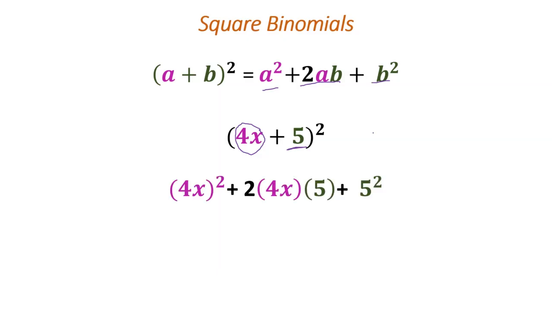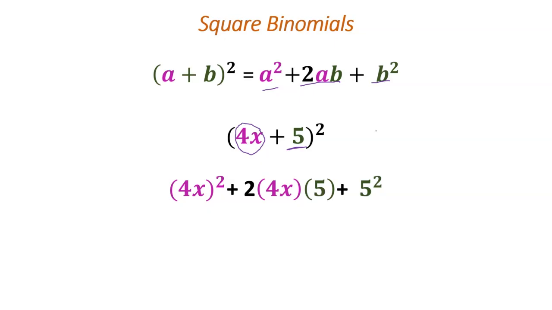Let's write this again. 4x squared, that's my a squared, plus 2 times my a, which is 4x, and my b, which is 5, and then 5 squared is 25. 4x squared will give you 16x squared. 2 times 4x times 5: 2 times 4 is 8, and 8 times 5 is 40x.